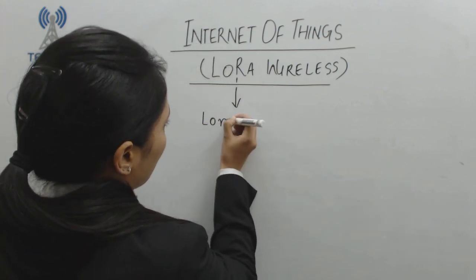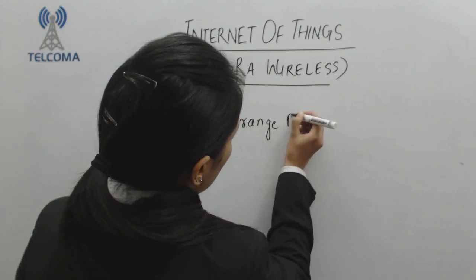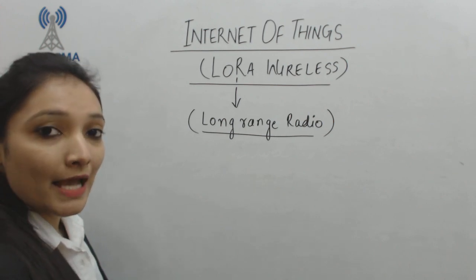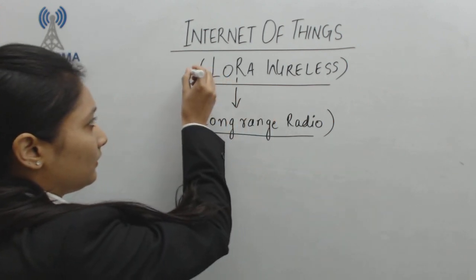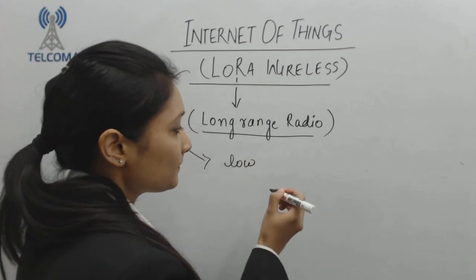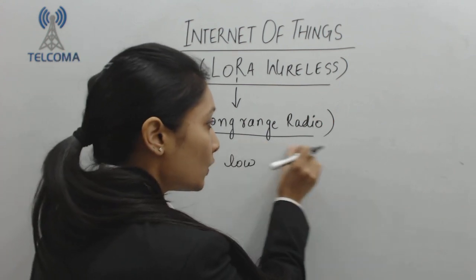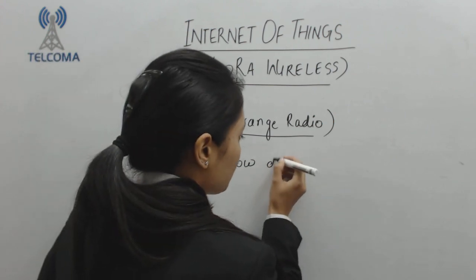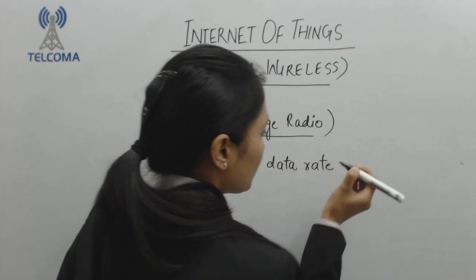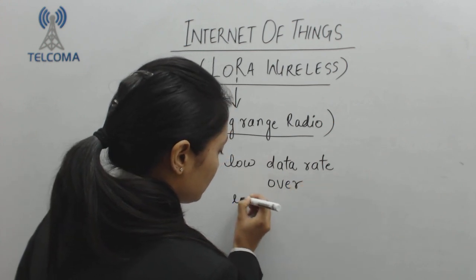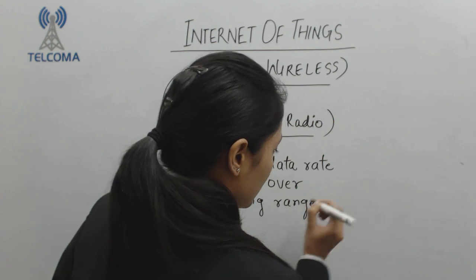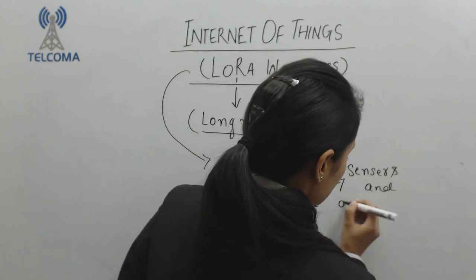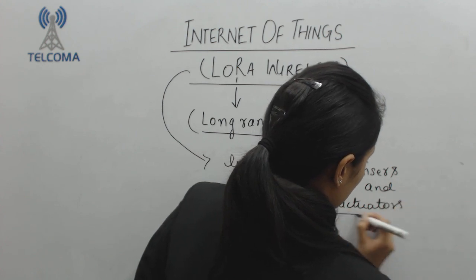So basically, LoRa is long range radio. This is a wireless technology which has been developed to enable low data rate communication over long range with the help of sensors and actuators.